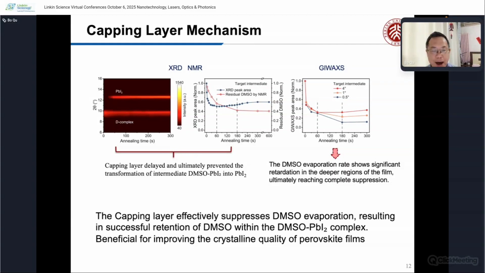As verified by XRD, NMR, and GIWAXS, the capping layer effectively suppresses the DMSO evaporation, resulting in successful retention of DMSO within the DMSO-PbI2 complex, which is beneficial for improving the crystalline quality of perovskite films.